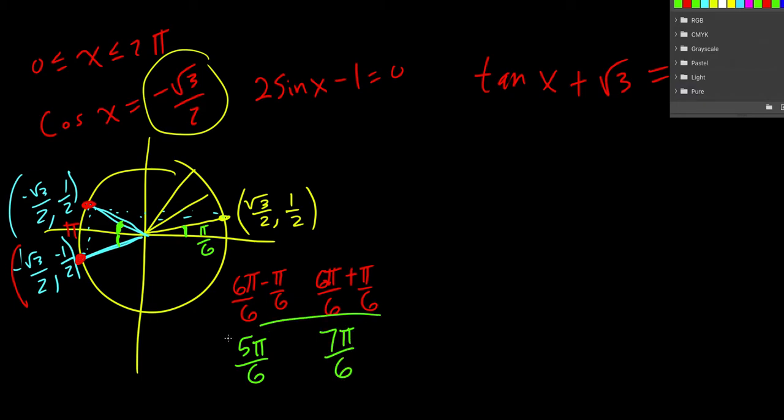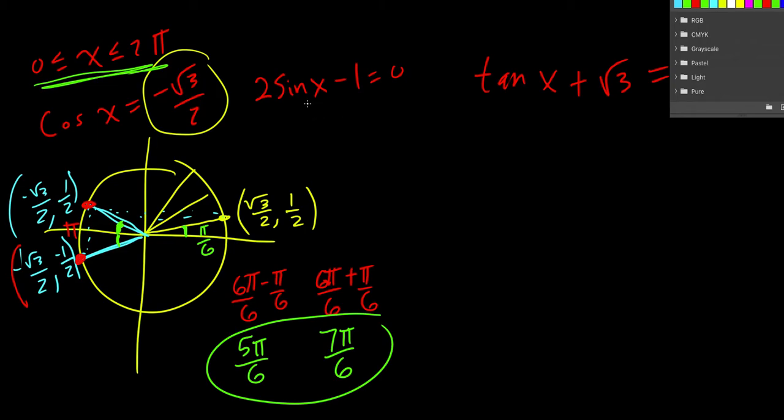And so if we plug in cosine of 5pi/6 or cosine of 7pi/6, we will get negative square root of 3 over 2. And remember, we're going from 0 to 2pi, so that's just one full rotation, so we don't have to rotate anymore to get that to work.